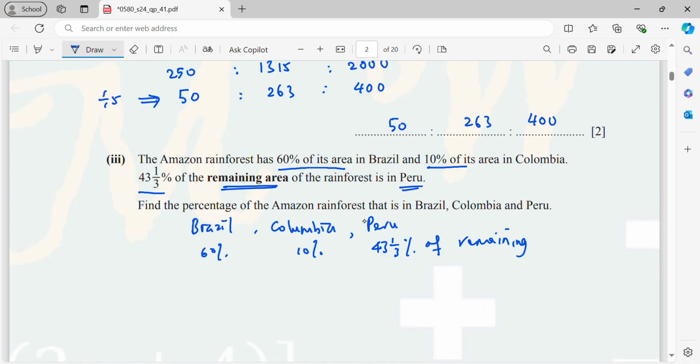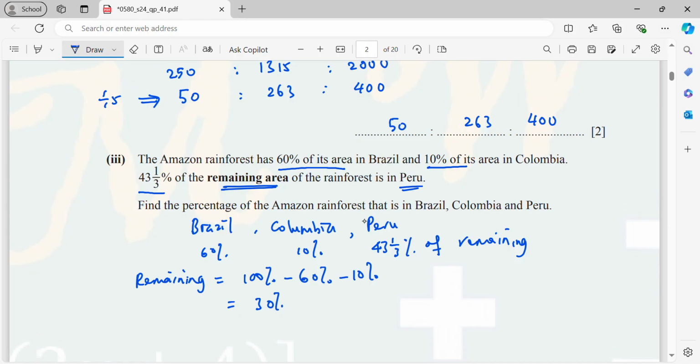How many percent of the remaining? The remaining is actually 100% minus 60% minus 10%. So the remaining is 30%.